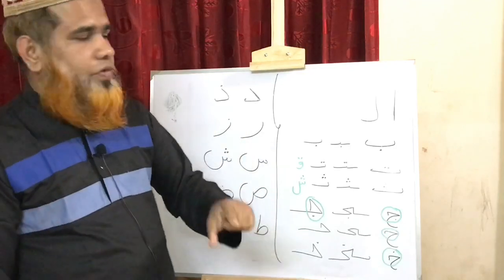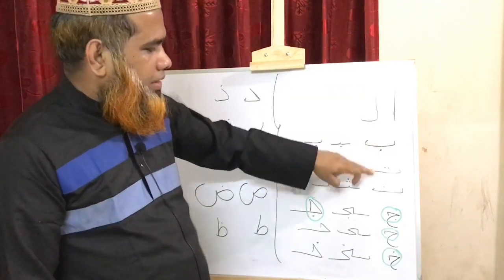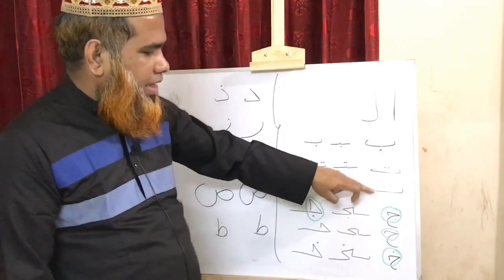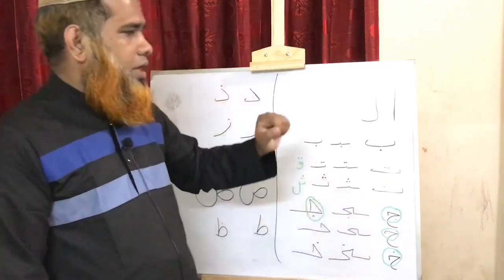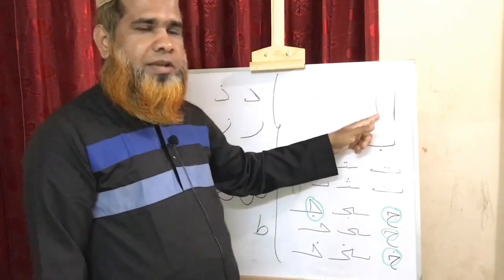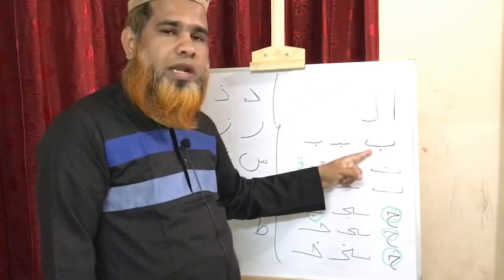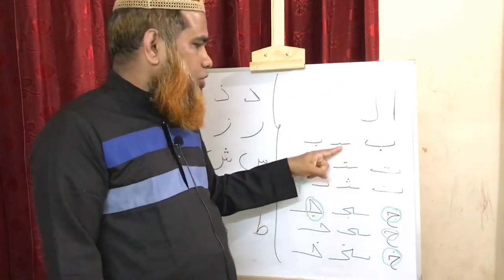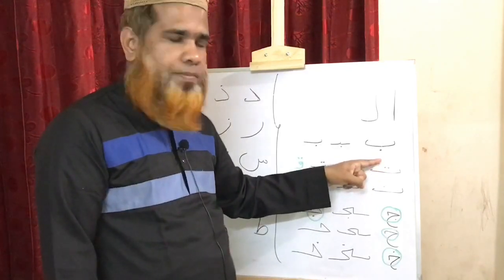So far we have done alif, ba, ta, tha, jim, ha, kha. Alif is a straight line. It will not bend to the left from the bottom. Ba, one curve and one dot at the bottom. Ta, one curve, two dots at the top.